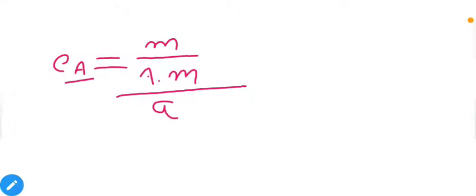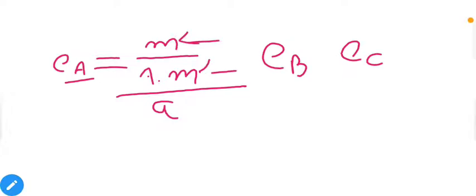The same type of equation can be derived for the remaining two, EB and EC: their mass obtained during the electrolysis divided by their atomic mass divided by the n value.